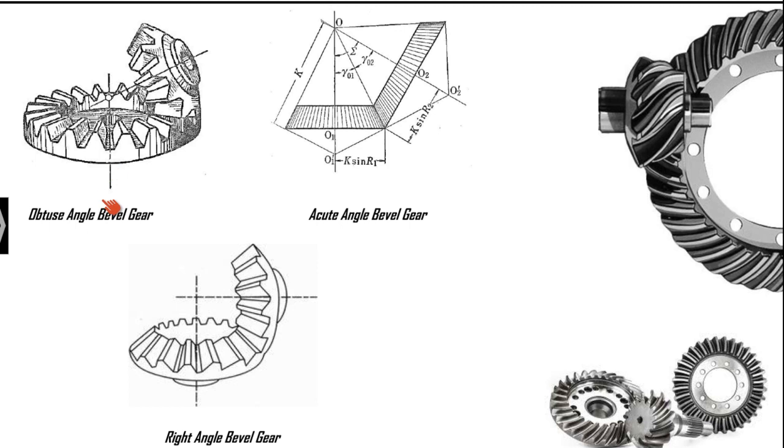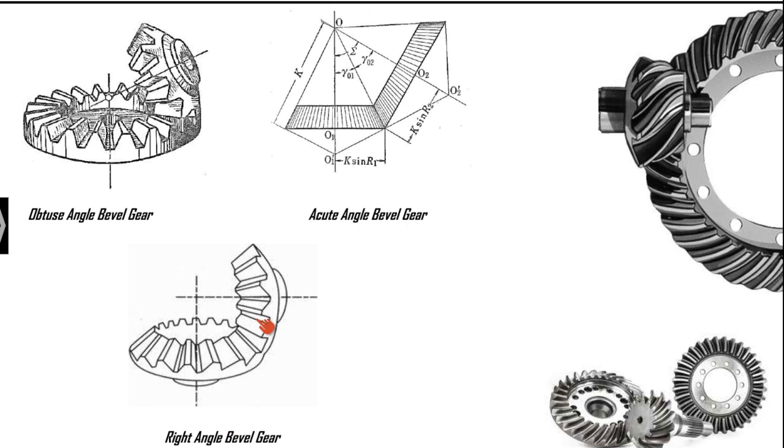If you look at the angle between the axes of the shafts, look here, this is greater than 90 degree, so it is called an obtuse angle bevel gear. And if the angle between the transmitting shafts is less than 90, that is called an acute angle bevel gear. And finally, if it is 90 degree, it is called the right angle bevel gear.